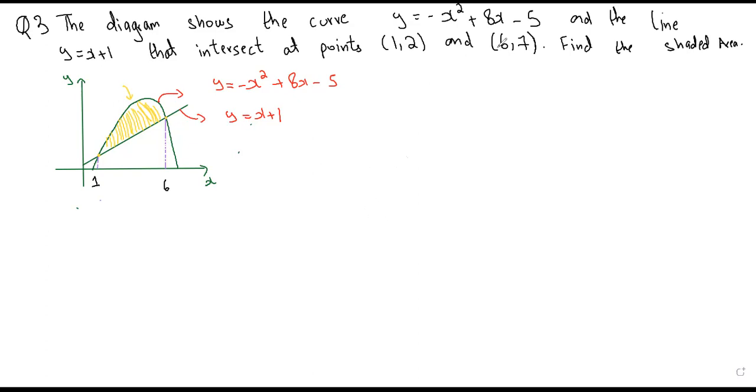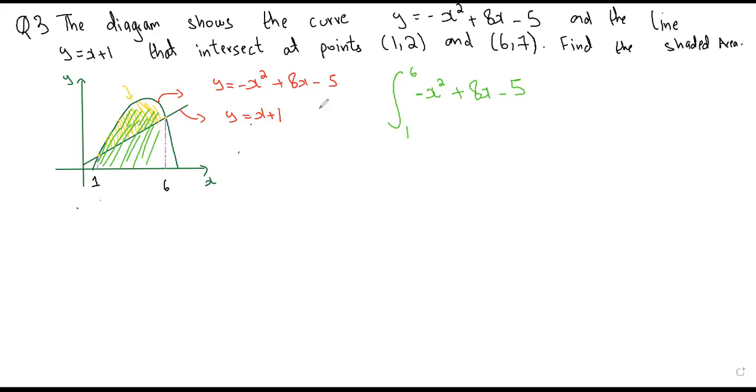Now, basically, if we integrate this curve, minus x squared plus 8x minus 5 from 1 to 6, this would be the area that we get after solving the integral, right?